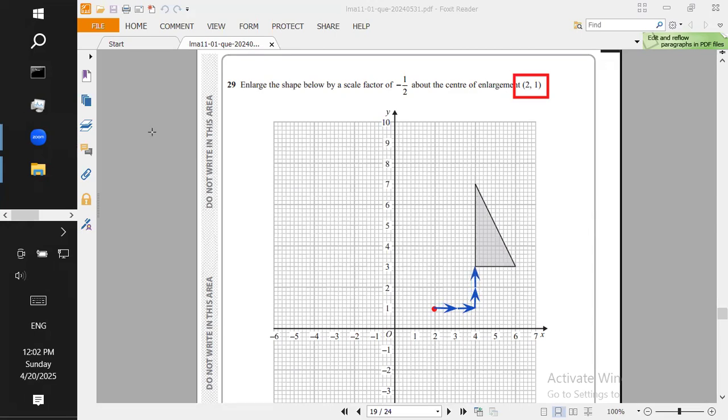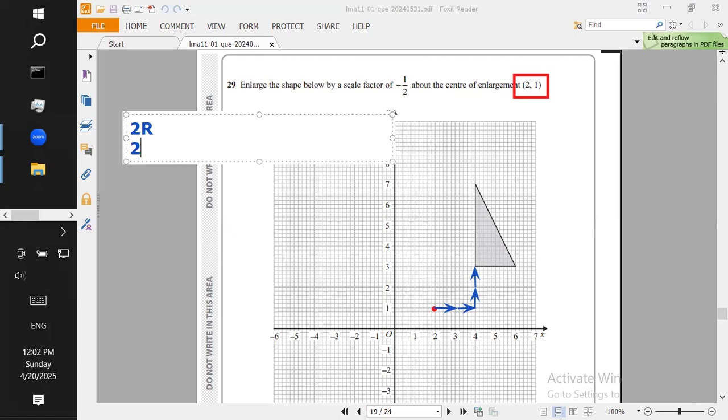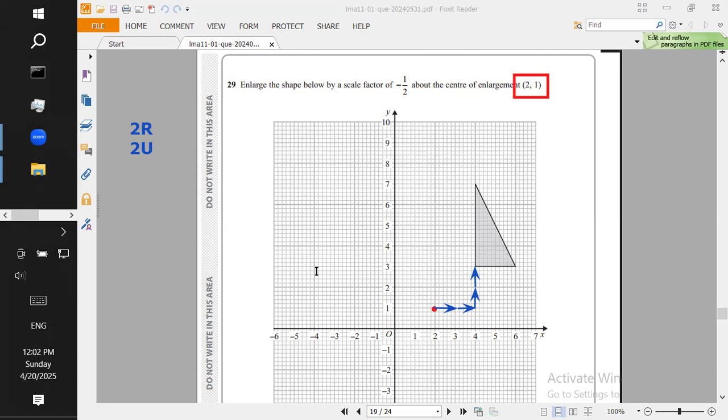So 2 right and 2 up. Now I'm going to write these here: 2 right and 2 up, like this. This is the movement from the center of enlargement to the first point on the shape. So 2 right, 2 up.